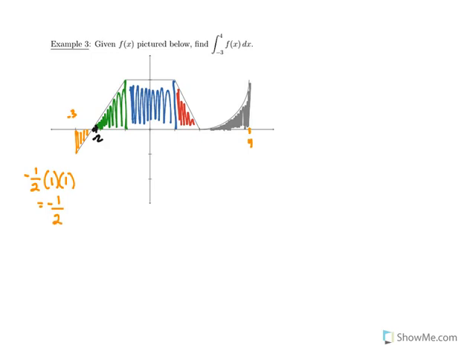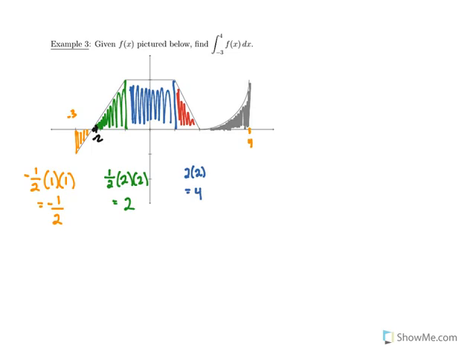Sorry about that. So this time the base would be 2, the height would be 2, this would be an area of positive 2. For the square here, it's going to be just base times height, so that's going to be 2 times 2.